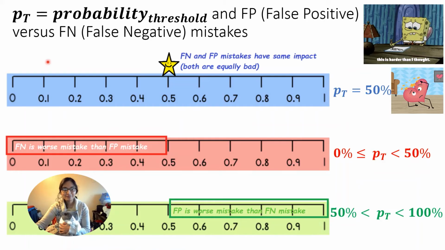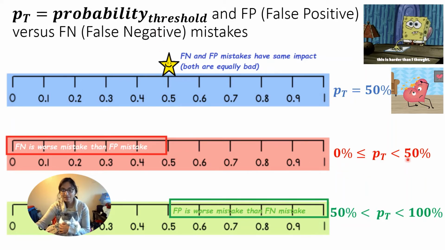We talked about probability thresholds and false positive versus false negative mistakes. If a probability threshold is 50%, then false negative and false positive mistakes have the same impact and both are equally bad, so you just want to minimize both mistakes.